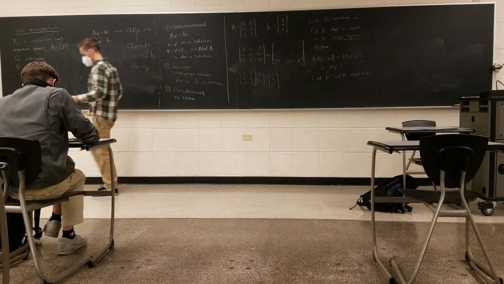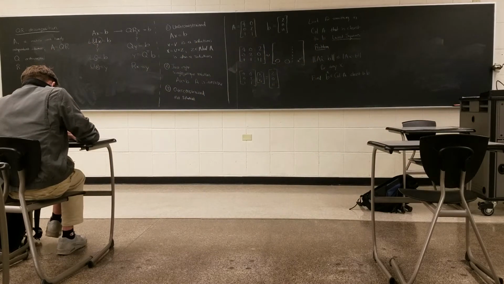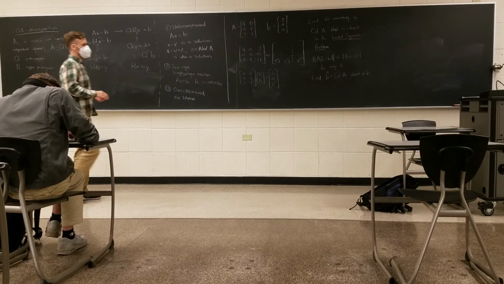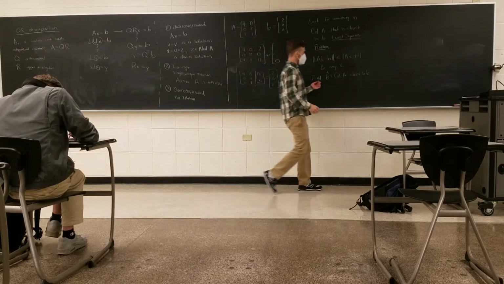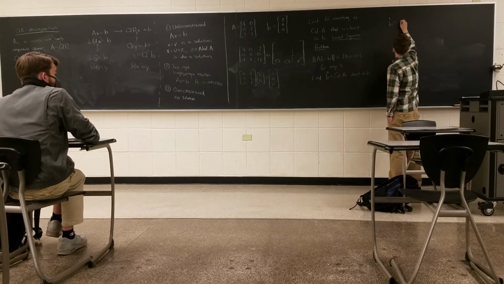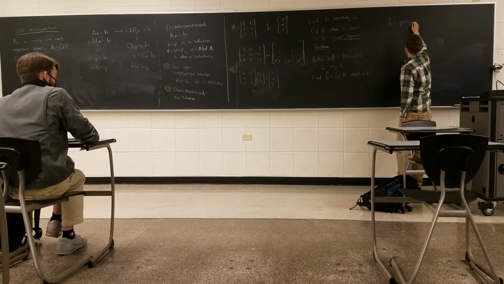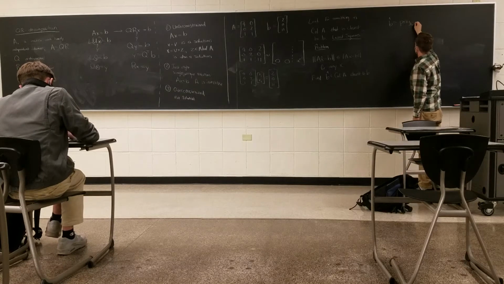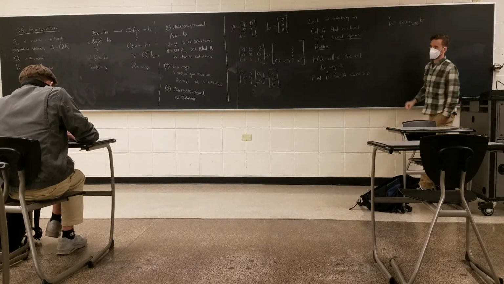So this b hat is going to be, by the same types of arguments that we used before, the orthogonal projection into the column space of A of B.